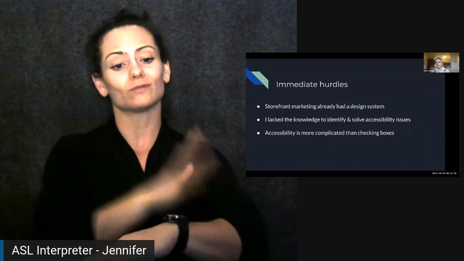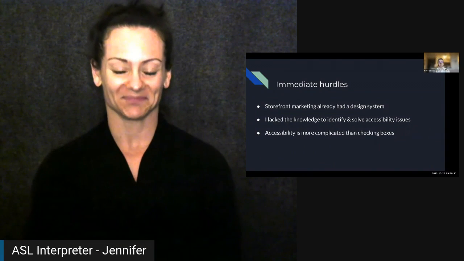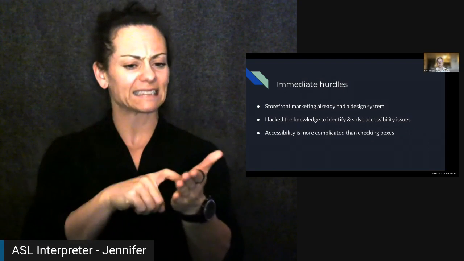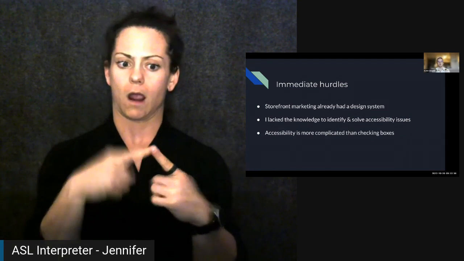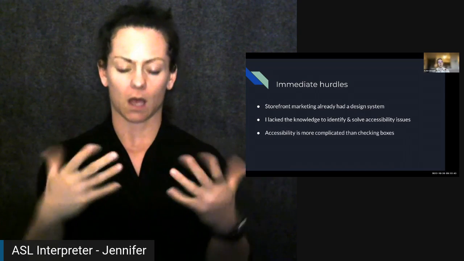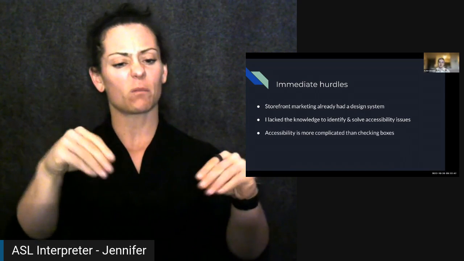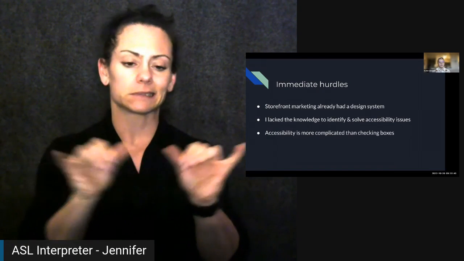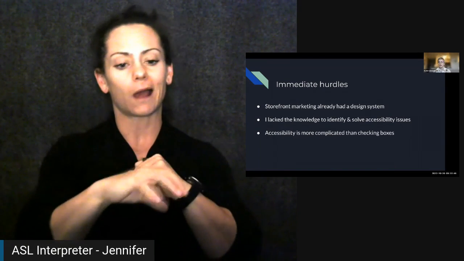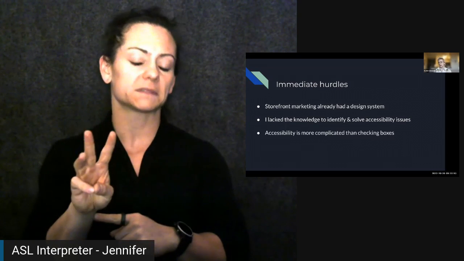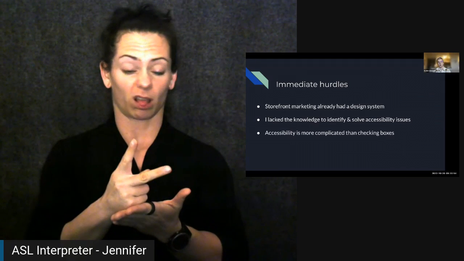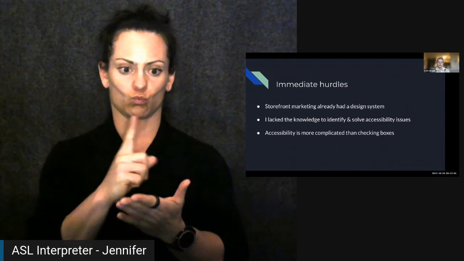So the first thing we identified when we were talking about accessibility was that the storefront marketing team already had an existing design system that was being used for ads, was being used for the site, and had approval that went way over just our team.